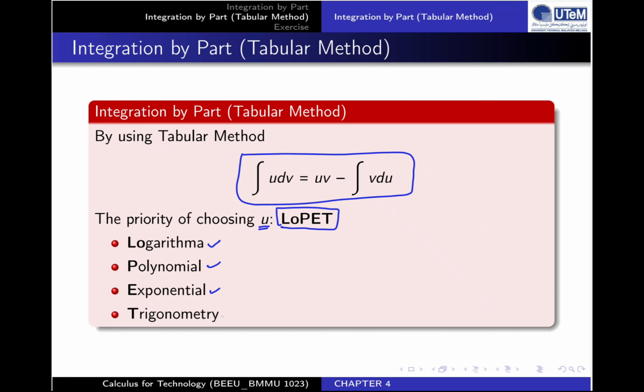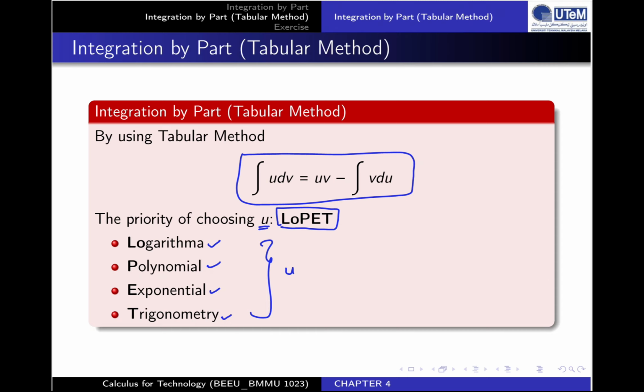And then the last one, we can choose trigonometry as u. Okay, because you need to choose what is your u, what is your dv. The value of u you want to differentiate, and the value of dv you want to integrate. So you must choose which you must put as u in the tabular method.